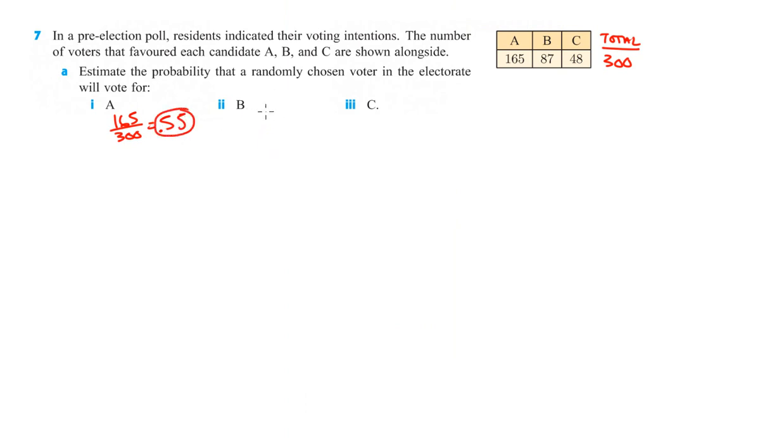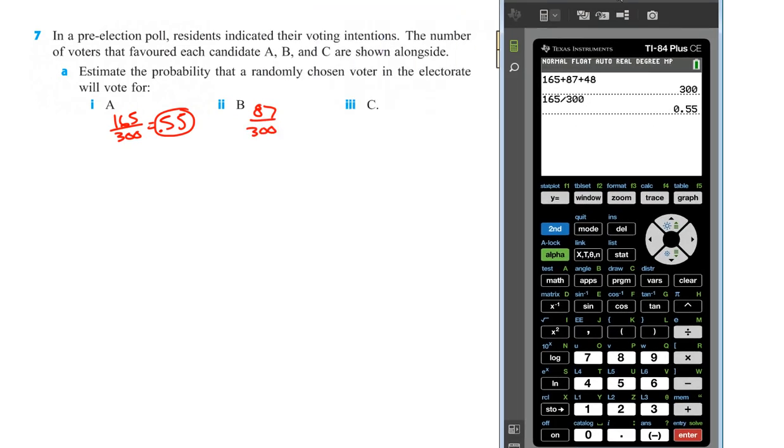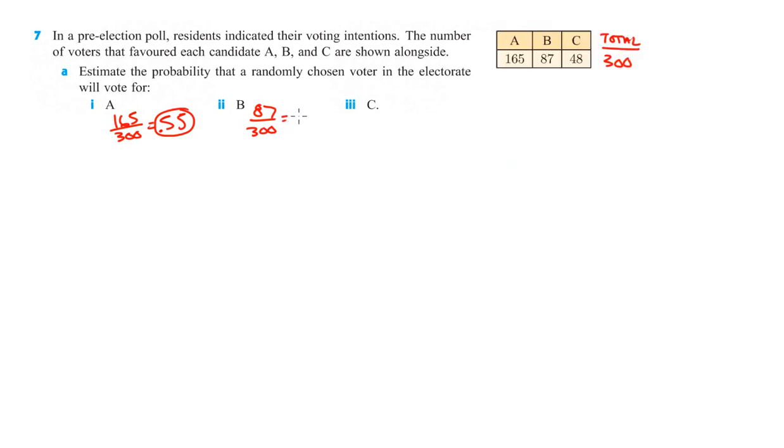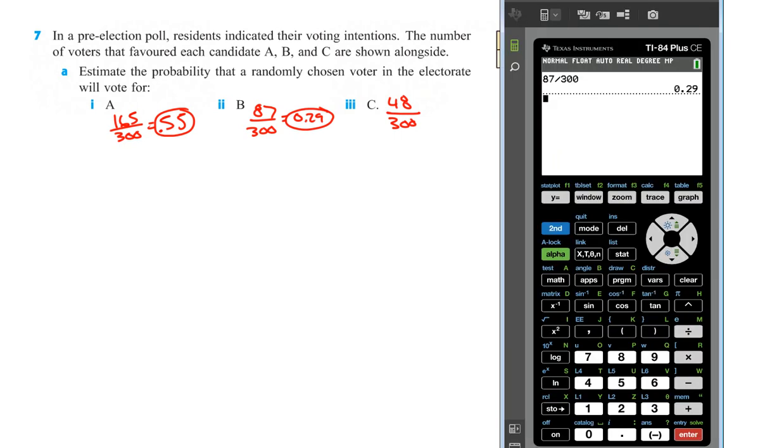Okay, for B would be 87 out of 300. So that's going to be 87 divided by 300, and that gives us 29%. And then C would be 48 out of the 300.